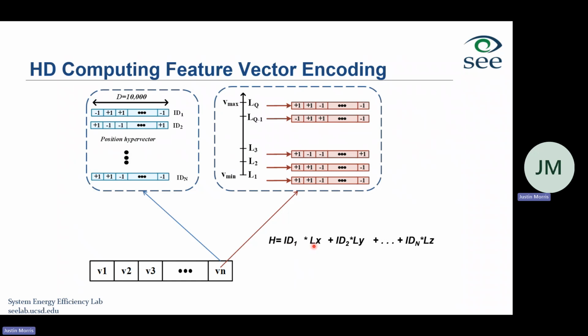This is a 10,000 dimensional vector. I element-wise multiply them. 10,000 dimensions times 10,000 dimensions element-wise. What's my result? It's still 10,000 dimensions, right?